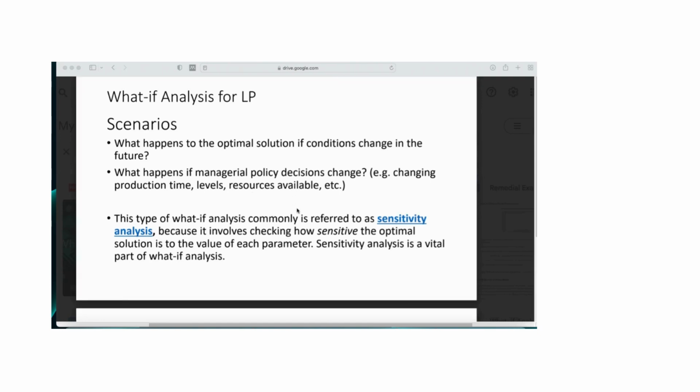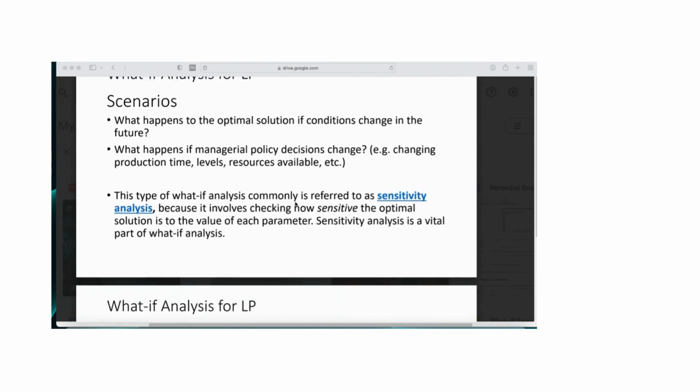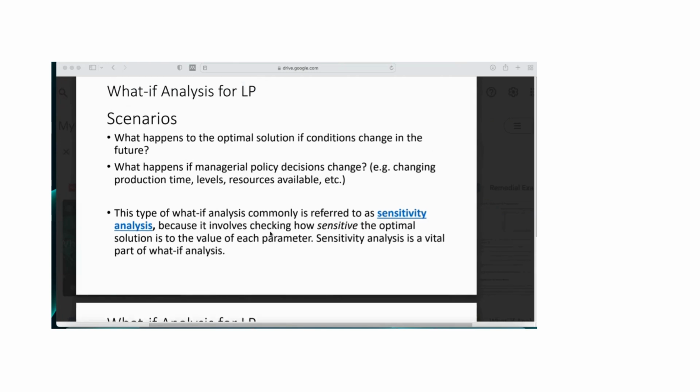So aside from the word sensitivity analysis, which is herein already given, what sensitivity analysis is: finding out how sensitive the optimal solution is to the value of each parameter. There you see it.